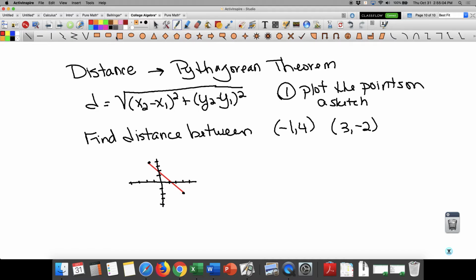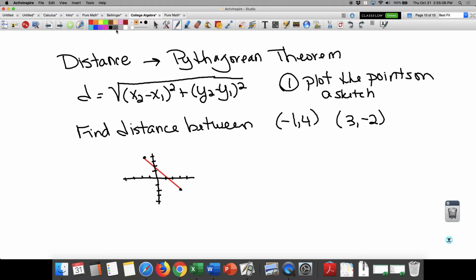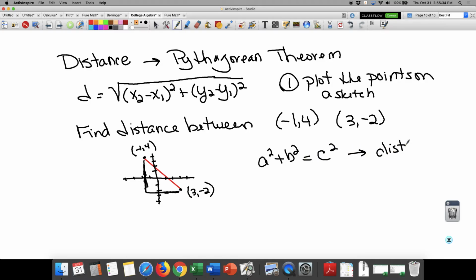So what I want you to pay close attention to is I'm going to create a triangle. I'm going to come down and I'm going to go across, but I'll make sure I've labeled these. Okay? So what I'm wanting to do is a squared plus b squared equals c squared, where c squared is always the distance that we want.